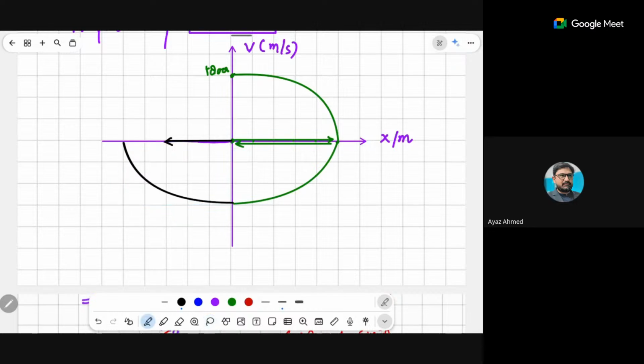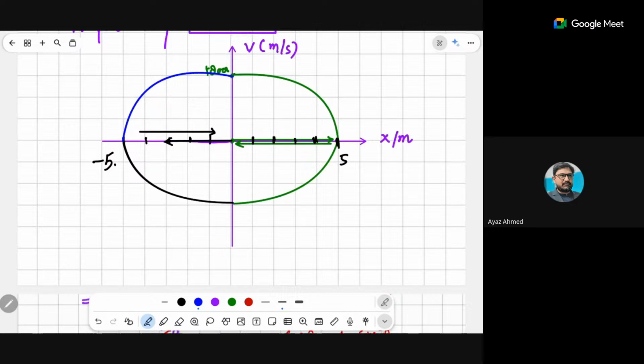For example, this is the extreme position: 1, 2, 3, 4, 5 units, displacement is 5 units, and here 1, 2, 3, 4, 5 units, so displacement is -5 units, right? Now when the object is coming back to the main position, displacement decreases and the velocity of the object increases back, and it moves back to zero in this way.